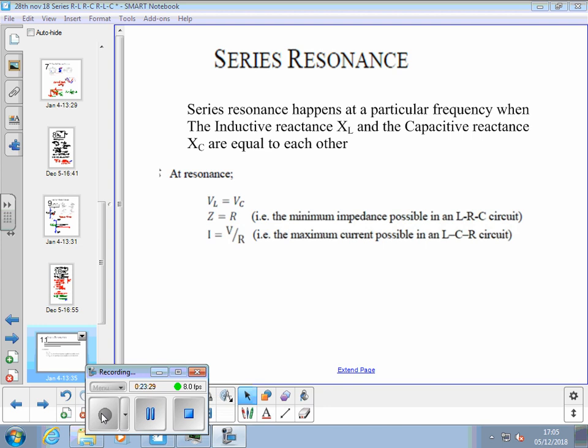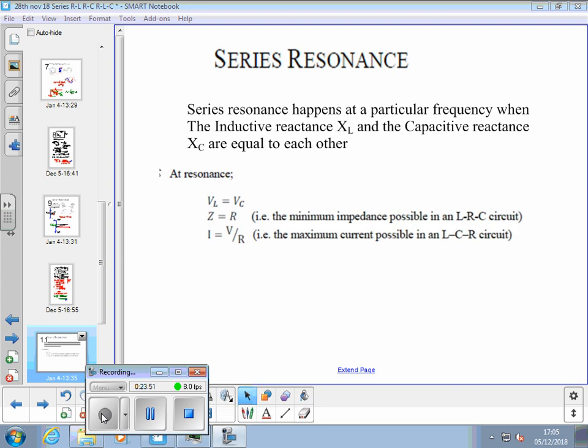There'll be a particular frequency where XL and XC are equal. At that point, VL, the voltage across the inductor, and VC, the voltage across the capacitor, will be equal, because they're of equal impedance.